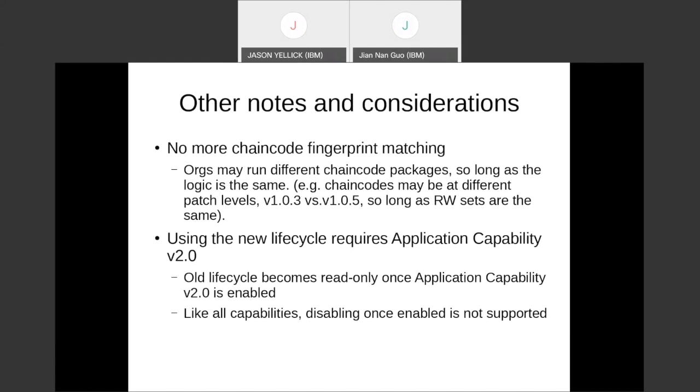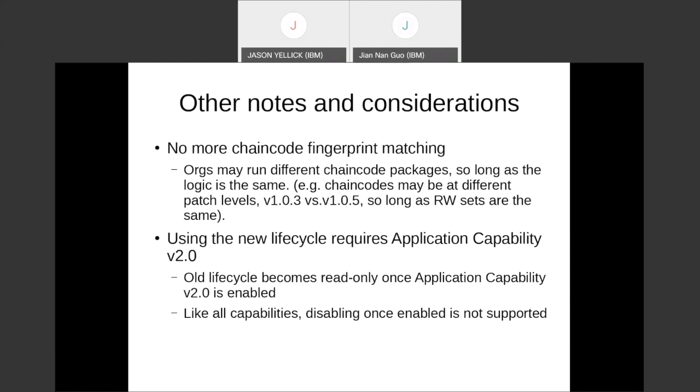Secondly, using the new lifecycle, you must enable the v2 application capability before any of these lifecycle commands will work. And this is a bit of a double-edged sword. When you flip that application capability on, the old lifecycle, the old LSCC namespace, becomes read-only. So if you are using the new lifecycle, all of your old chaincodes continue working until they've been redefined in the new lifecycle.